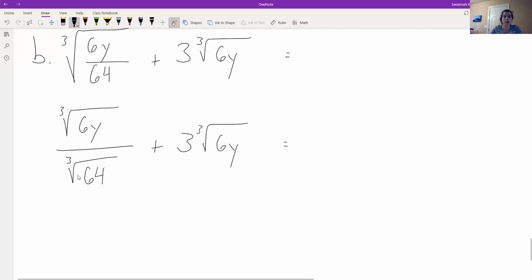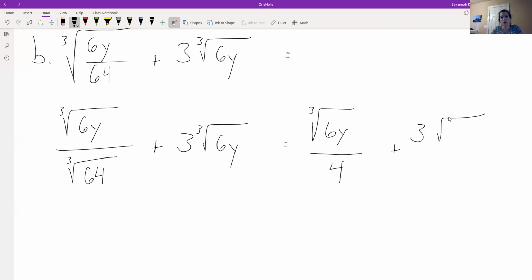Okay. And 64, if you check your handy list of perfect cubes, 64 is a perfect cube. It's 4 to the 3rd power. So we can write this now as cube root of 6y over 4 plus 3 times the cube root of 6y.